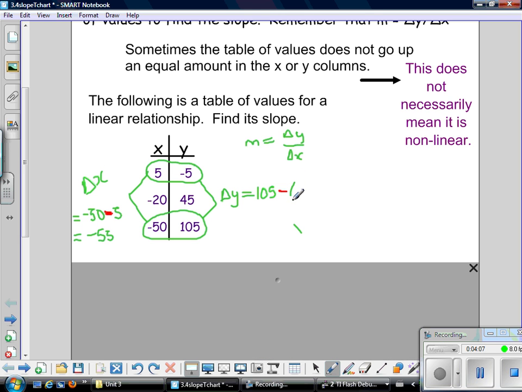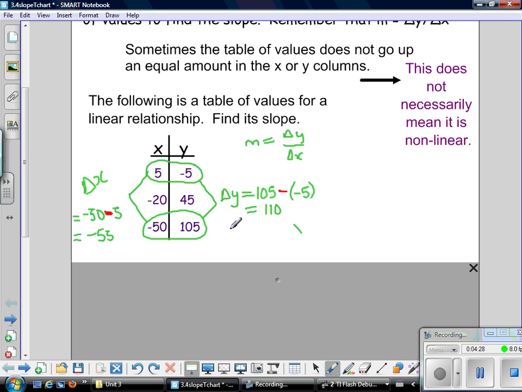I will put it in a bracket since there are two negatives beside each other. That's the same as 105 plus 5, which I know is 110. So without graphing, I've already determined my delta y and my delta x, so I can finish finding my slope.